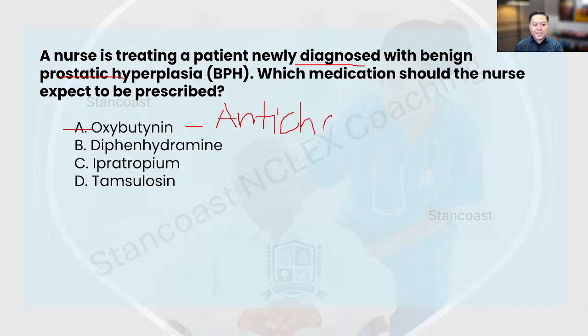Just one of the modalities in the treatment of the overactive bladder, but it's not the primary classification that is used to cause relaxation of the prostate muscle. Okay, eliminate that one.